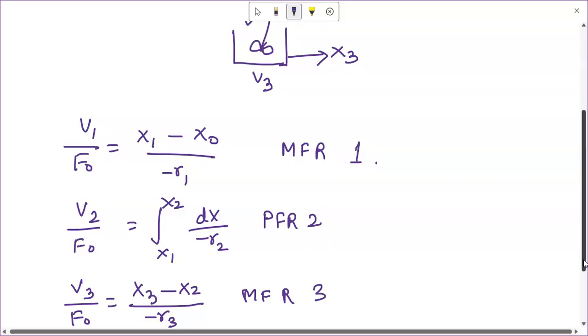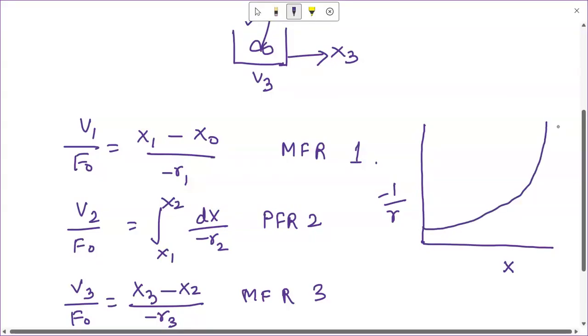If you want to graphically execute this procedure, let me draw the graph over here. You simply plot conversion on the x-axis and minus 1 by r on the y-axis. Then you, let's say, get a curve like this one, the kinetics curve of the entire system. Let's say this is conversion point X1, this is conversion point X2, and this is finally X3.